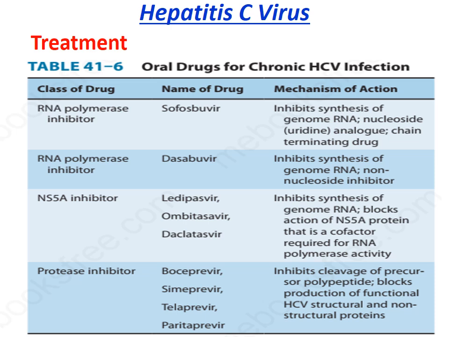They inhibit the cleavage of the precursor polypeptide, blocking the production of the functional HCV structural and non-structural proteins. So there will be no assembling of progeny virions, and no new virus will be produced when it is inhibited at this level.